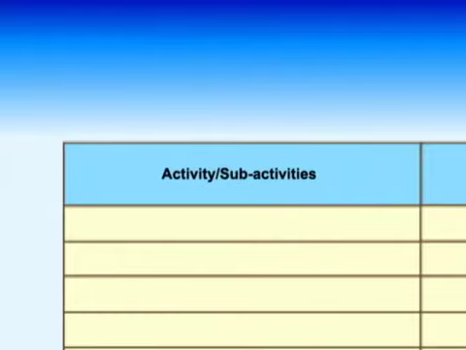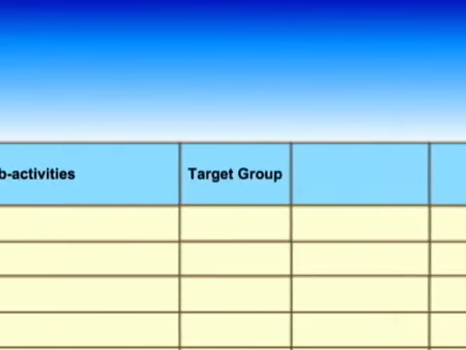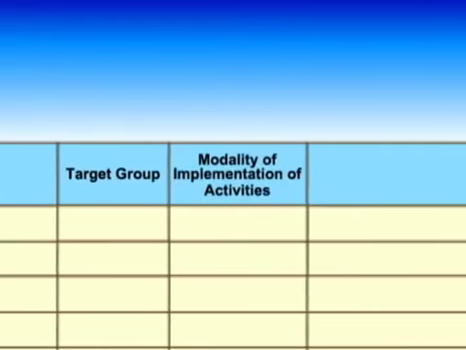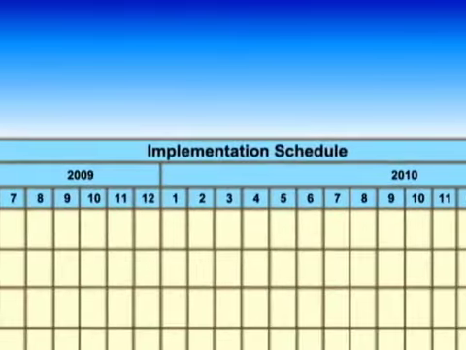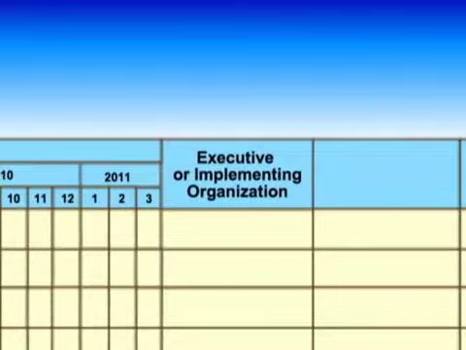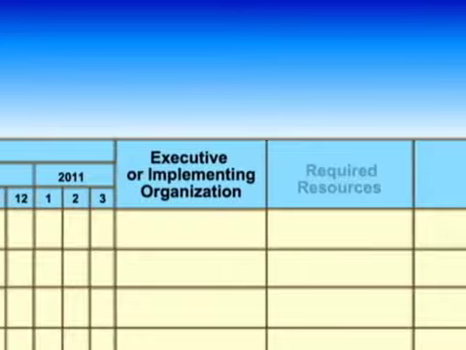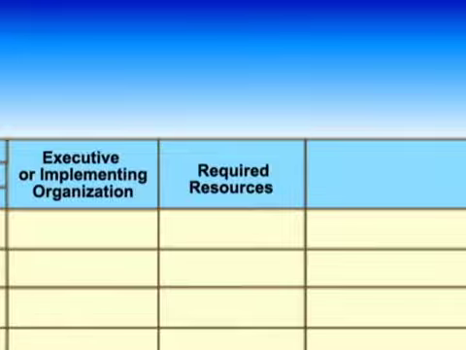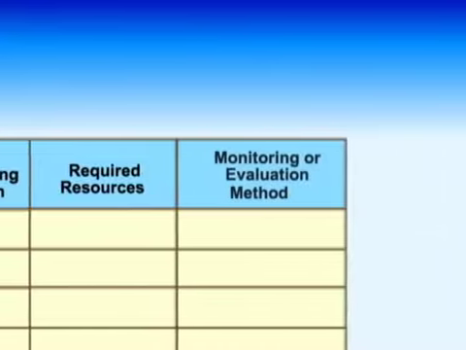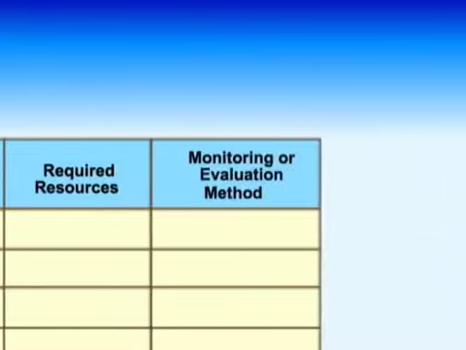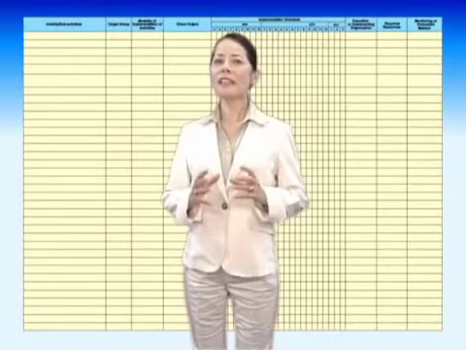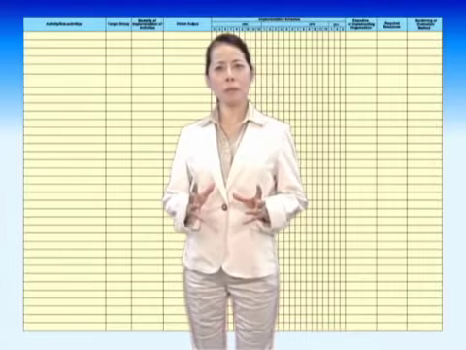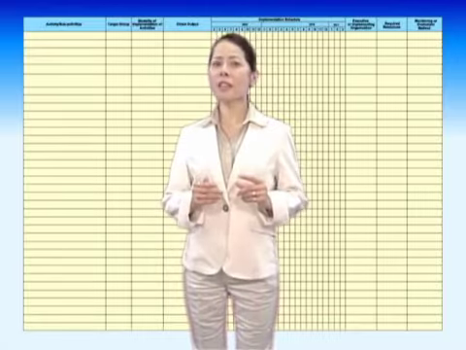Then, corresponding to each sub-activity, follow target group, modality of implementation of activities, direct output, implementation schedule, executive or implementing organization, required resources, and lastly, the monitoring or evaluation method. Now, let us make an action plan summary table using the Akihabara village example.